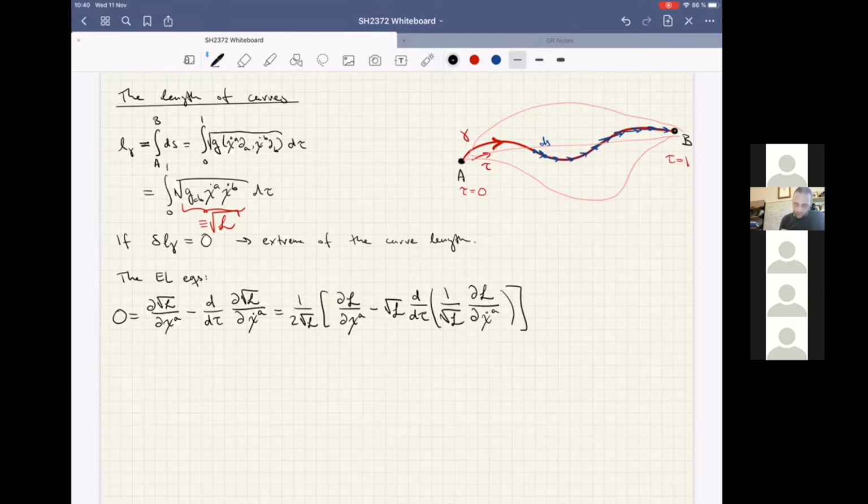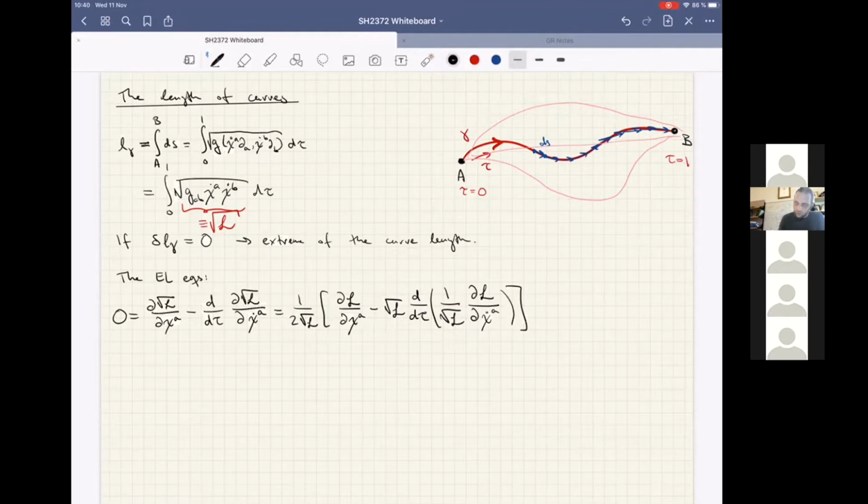So what I can note here is that I have a square root of L appearing in many places, and I would like to get rid of this. So what I always can do is that if I have a curve like this, any curve, I can reparameterize the curve in such a way that the tangent vector is of unit length.